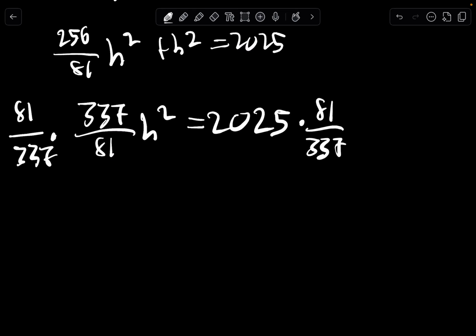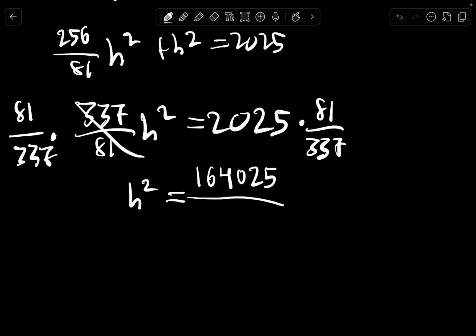Okay, that's going to be a pretty big number, but it's okay. Trust me, it looks really wrong, but guys, it's correct. h squared equals 164025/337. Okay, and then you just take the square root.